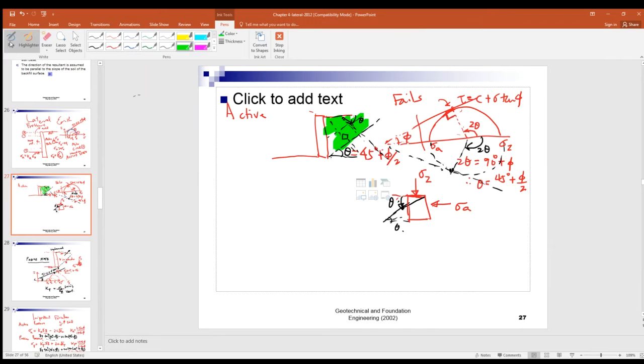What about for the passive case? Say for passive. Now for the passive, okay, here, sigma is that, right? You got a passive pressure. When it touches here, right?